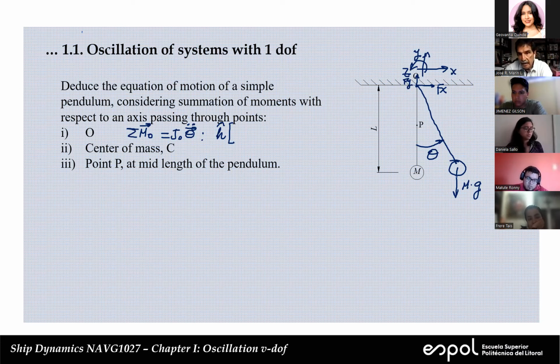This force generates a moment in the opposite direction to this rotation. So it's going to be minus, the force is going to be mg, and the arm, from here to there, is going to be L sine of theta.